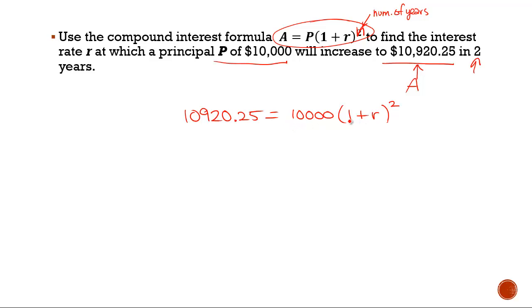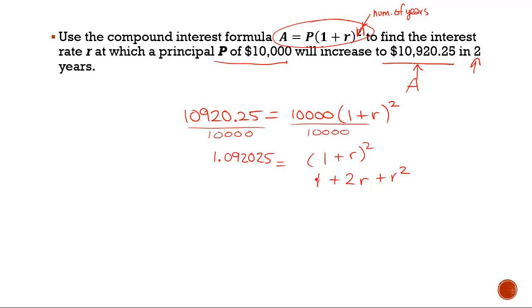Let's first divide both sides by 10,000, just so that it's possibly a little smaller numbers to work with here. However, this is quite a decimal. Okay, let's expand this. So we have 1 plus 2r plus r squared, and equals that.